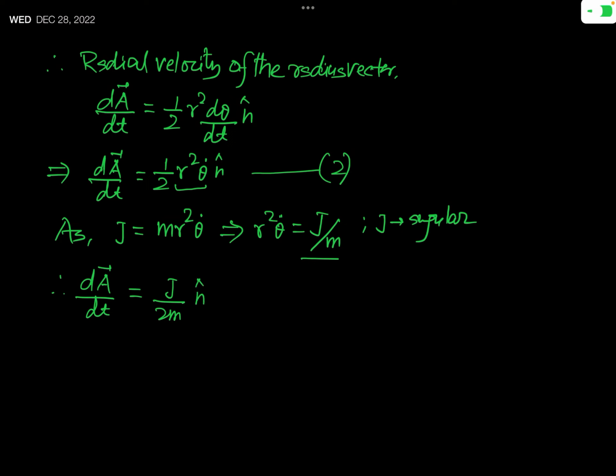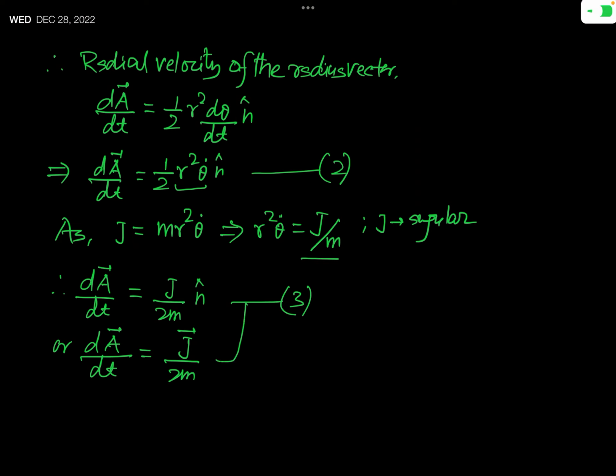Now you have studied that whenever a particle moves in a central force field, its angular momentum remains constant. This equation 3 may be written like this: dA by dt equals vector J by 2m. Actually, this J vector will be in the direction of this n hat.